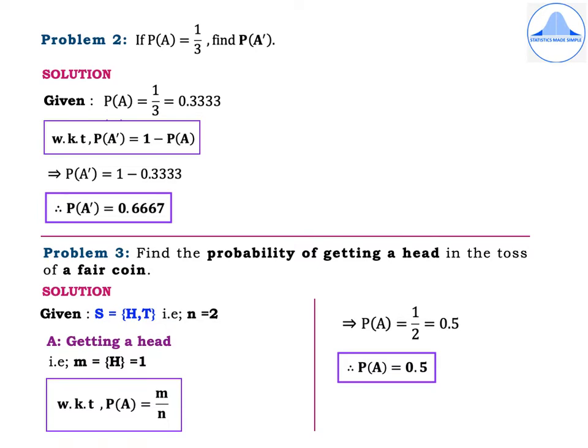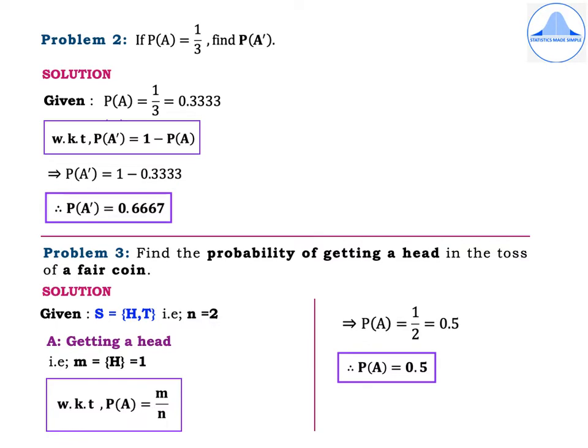Now let us define event A as getting a head. So getting a head means there is only one favorable outcome for the event A, that is, m is equal to {H}, the outcome H, which is written within flower brackets, and it's only one outcome, so m is equal to 1.